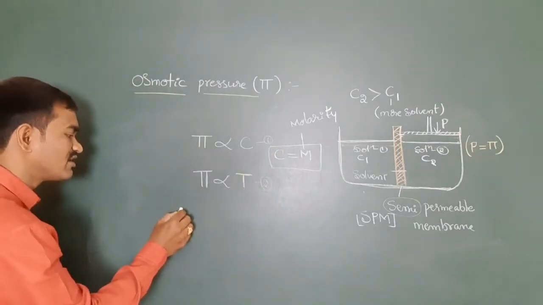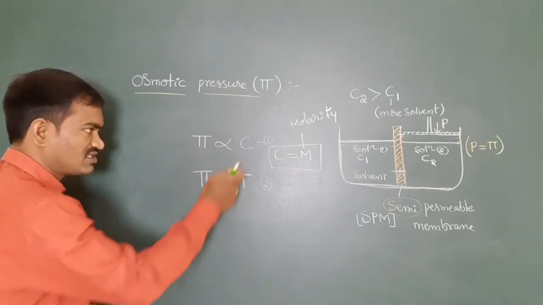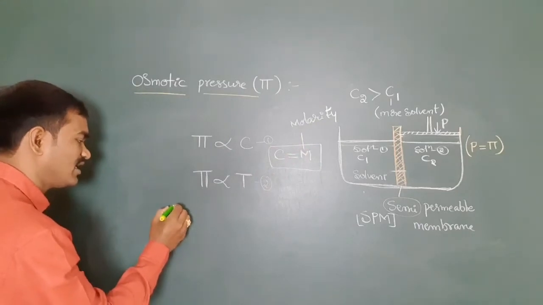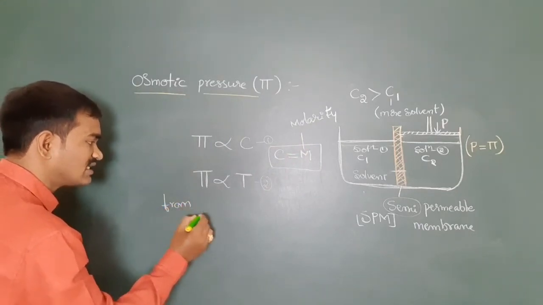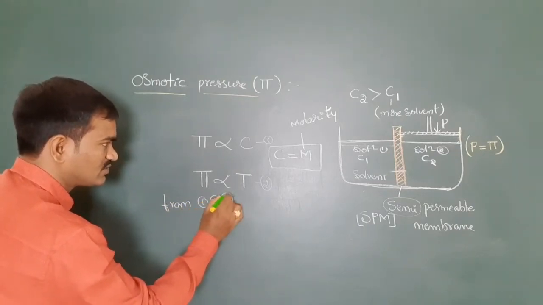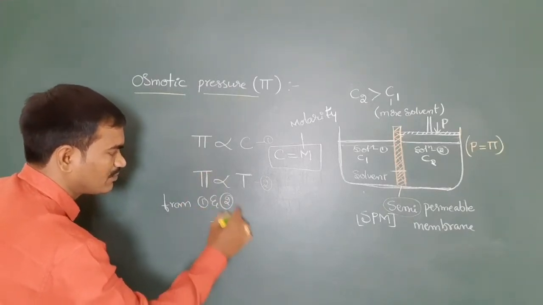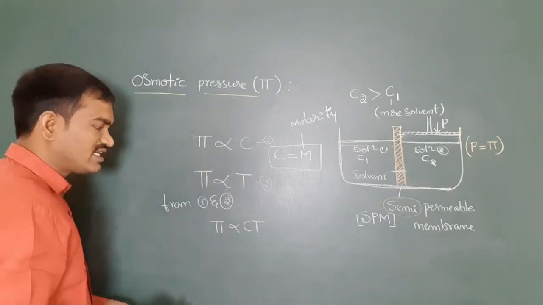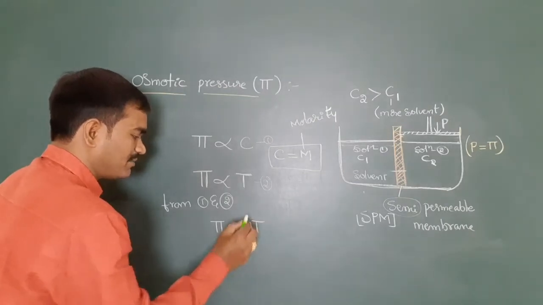So from these two equations, instead of C I am writing M. Both are concentration terms, but here I am taking molarity, capital M. So from 1 and 2, what will come here? Pi is directly proportional to Ct, and Ct means here I am taking Mt.